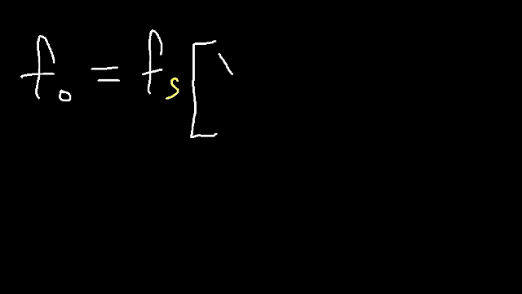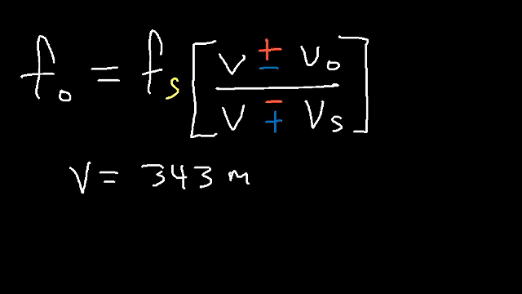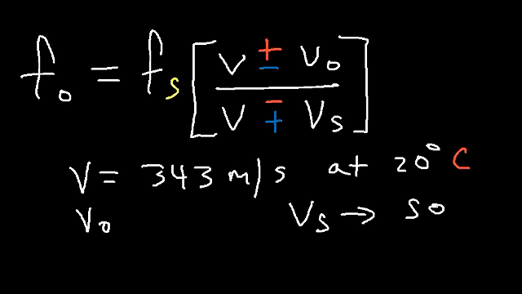And it's going to be V plus or minus VO, divided by V minus or plus Vs. So V is the speed of sound, which is 343 meters per second at a temperature of 20 degrees Celsius. VO is the speed of the observer, and Vs is the speed of the source.